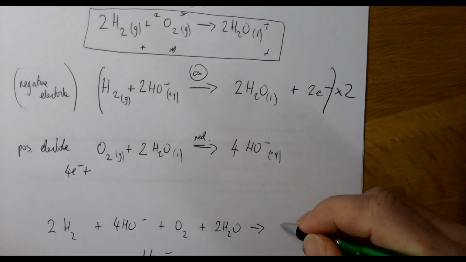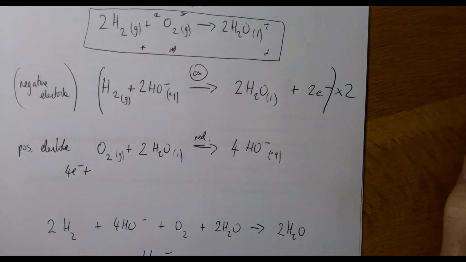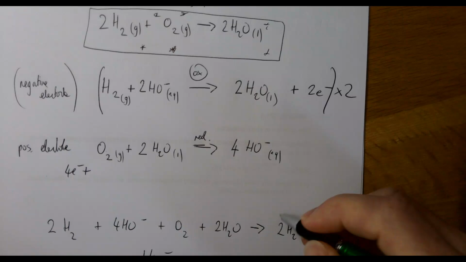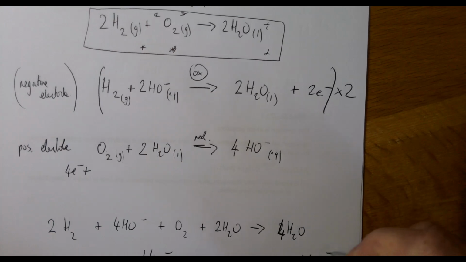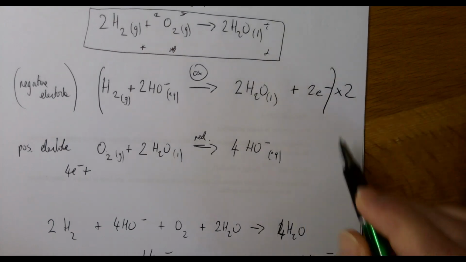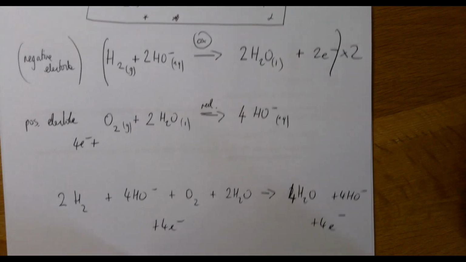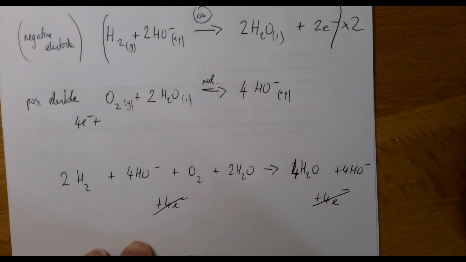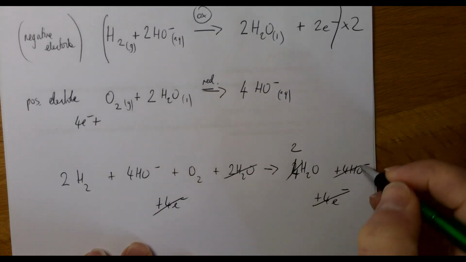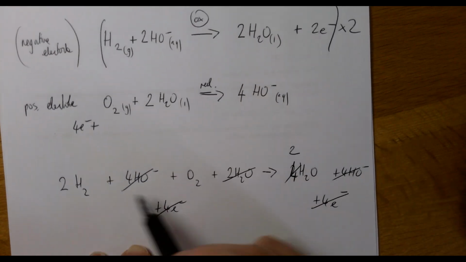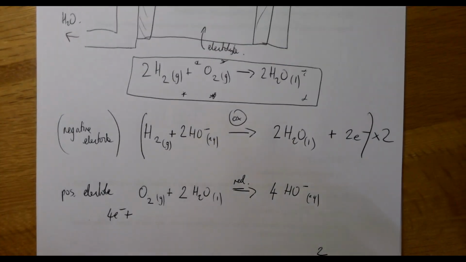That turns into 2 lots of H2O times 2, that's 4 lots of H2O, 4 electrons, so there's the 4 waters, 4 electrons, because we times everything by 2, plus 4 hydroxide ions. And we find that we can cancel out the electrons, because that's the same on both sides, cancel out 2 of the waters, cancel out the 4 hydroxides, and we're left with 2H2 plus O2 goes to 2H2O, which is what we said it was up there.